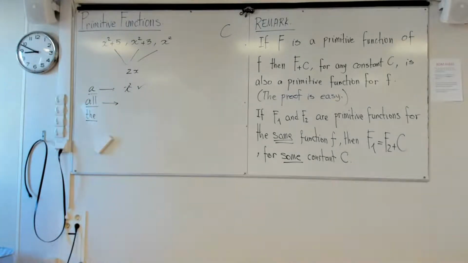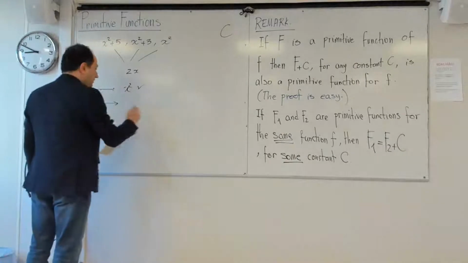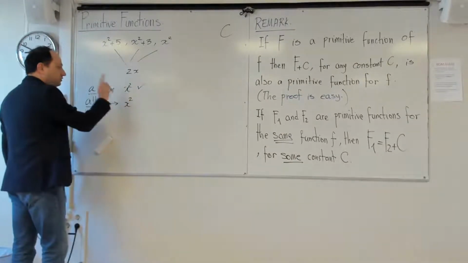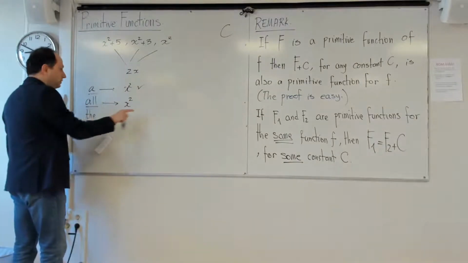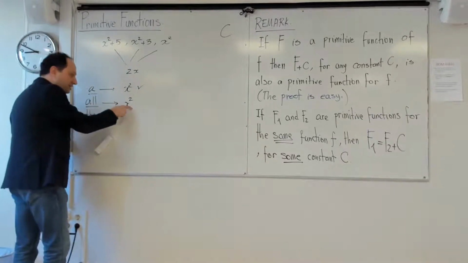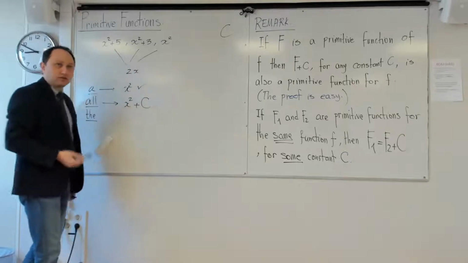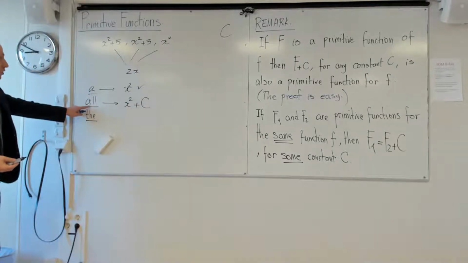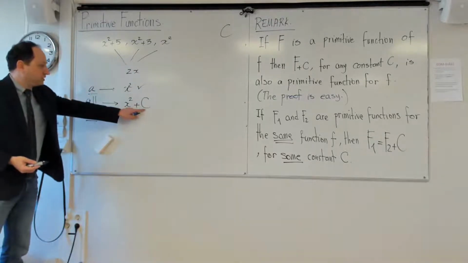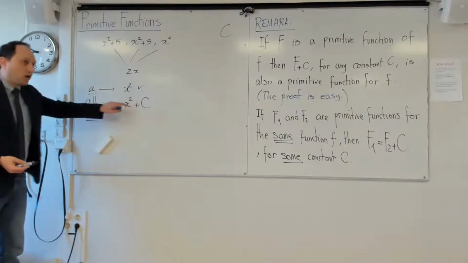X squared plus C. Plus C, because of that theorem. Because when you find one of them, by that theorem, it is guaranteed all of them differ at most by an additive constant, not more. So when you say all, you have to show me that you respect this word and write C, okay?